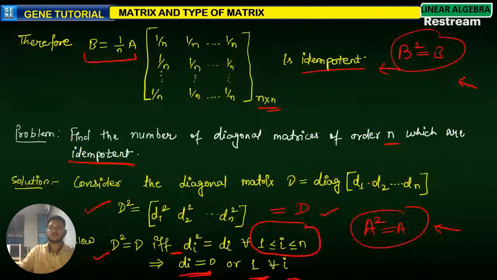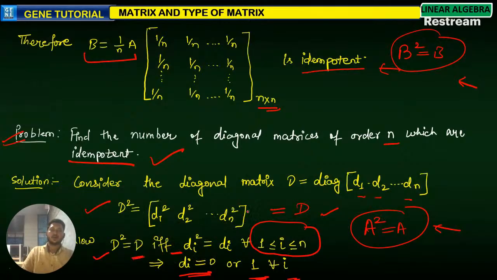So we discuss some problem like this. What does the problem tell? Find the number of diagonal matrices of order n which are idempotent. So how do we solve this problem? Take some diagonal matrix which has entries d1, d2, ..., dn, and when we square it, it comes out as itself, so it shows it is an idempotent matrix.